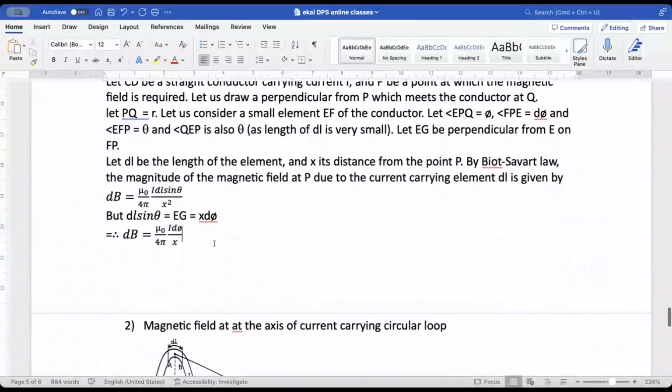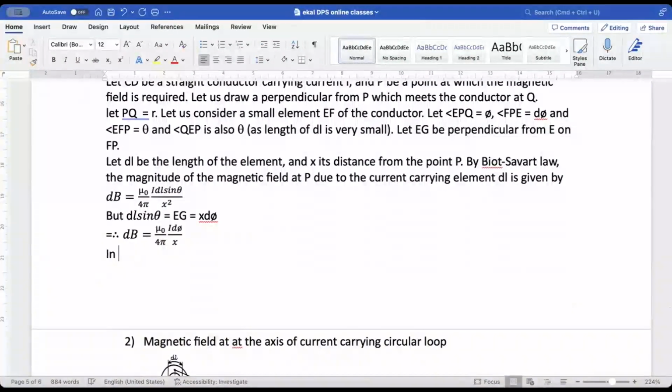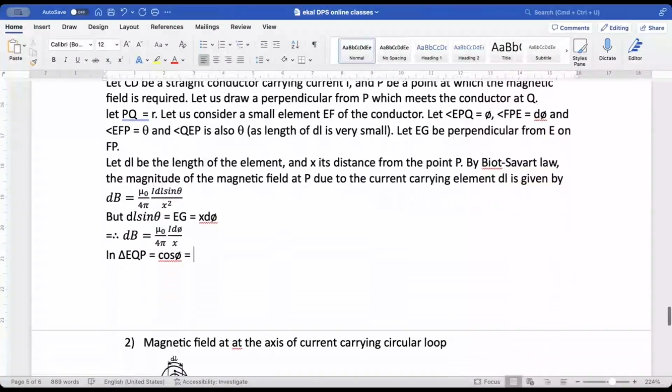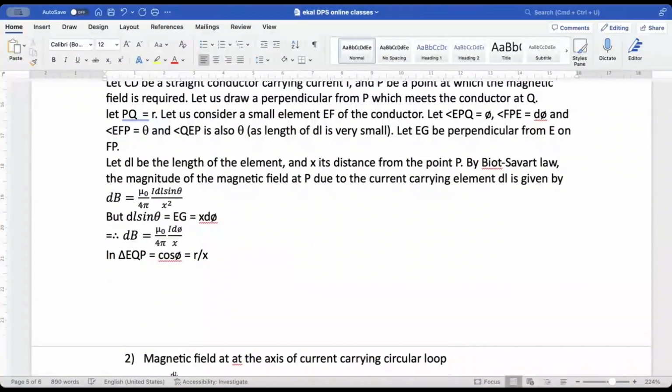So from this, we have x equals r cos phi.